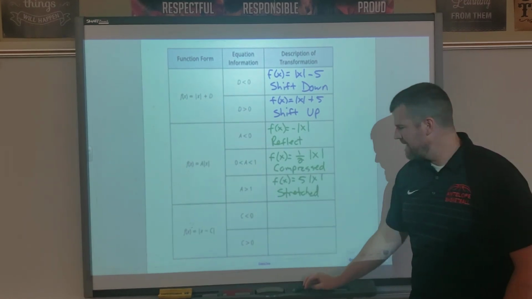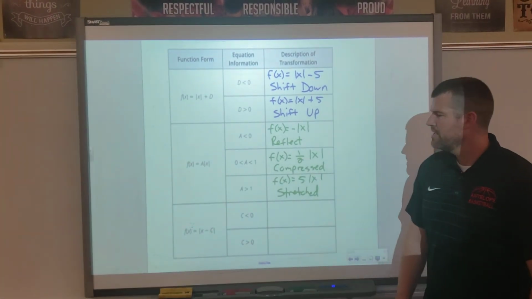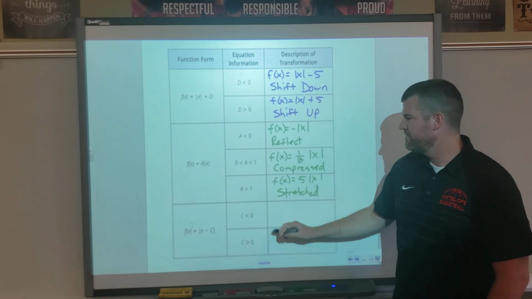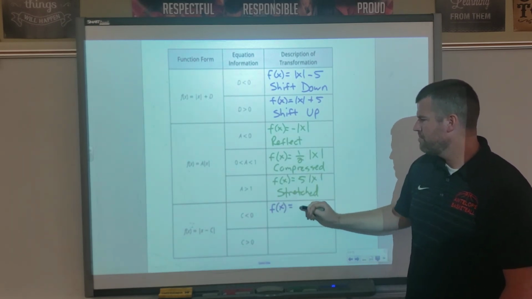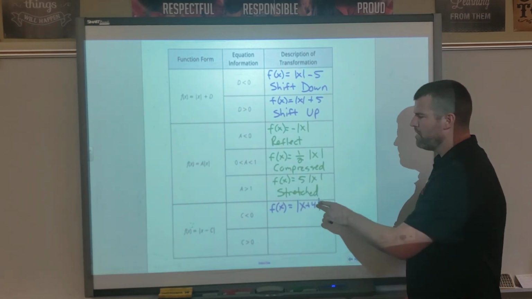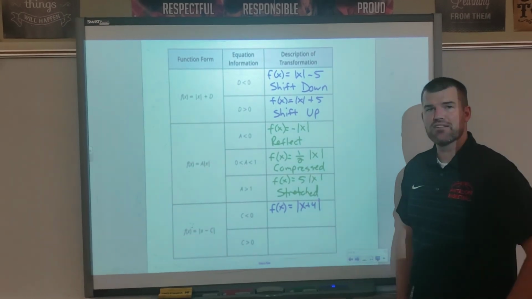And then finally, inside the brackets, the C value, or kind of like our H value, if C is less than 0, so if C is a negative number, it'll actually turn into a positive in the bracket, so something like x plus 4. Because if we plug in a negative 4, negative 4 would turn it to plus 4.